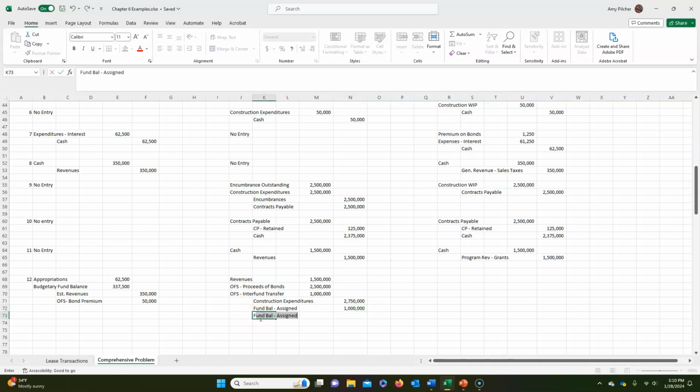And the remainder in fund balance restricted. Okay. And then we're not doing the closing entry, not because there isn't, but it's because we're skipping it for the problem.